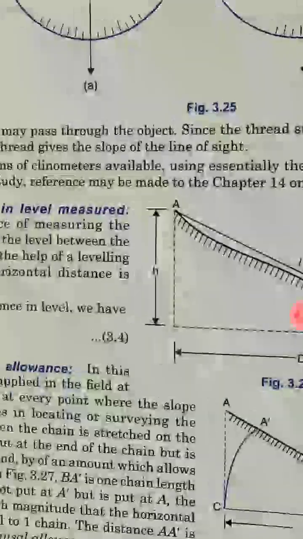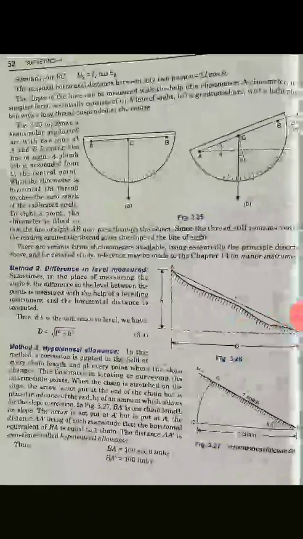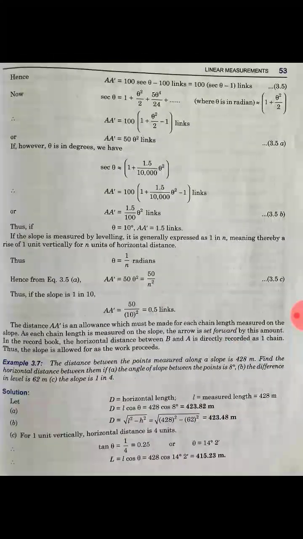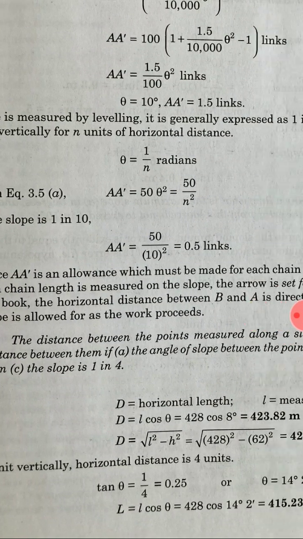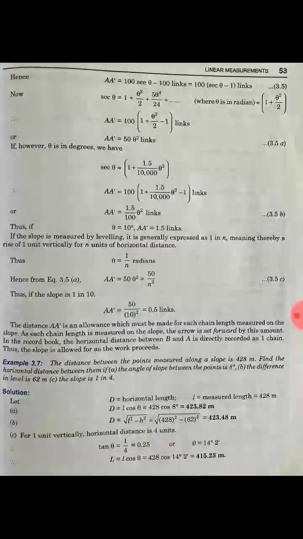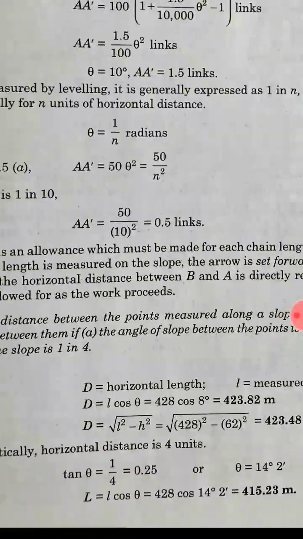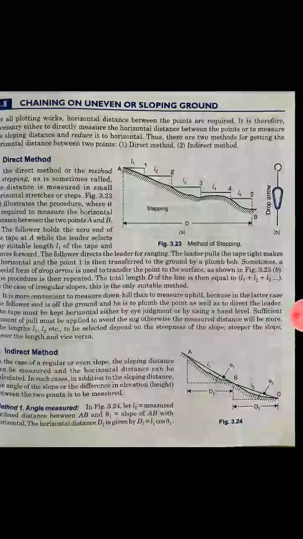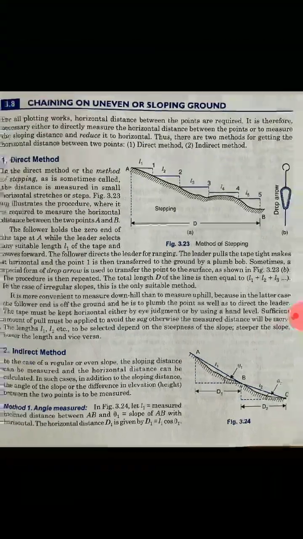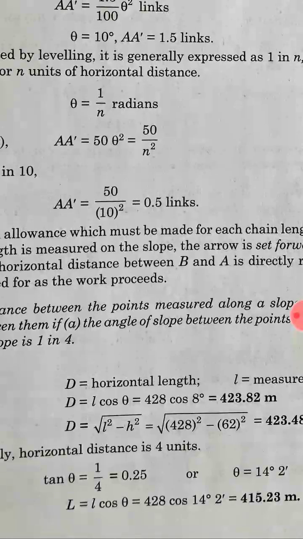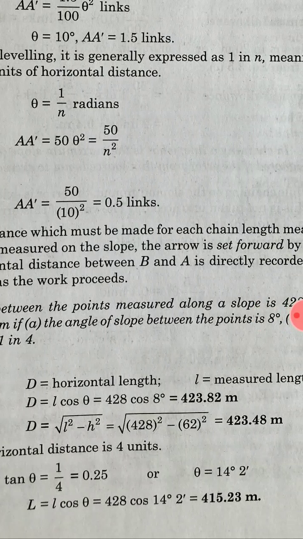Whenever they give you the angle, the horizontal distance will be D is equal to L cos theta. See here, L1 cos theta 1 is there, right? So D is equal to L cos theta. In the first case, the distance we have got is 423.82 meters.